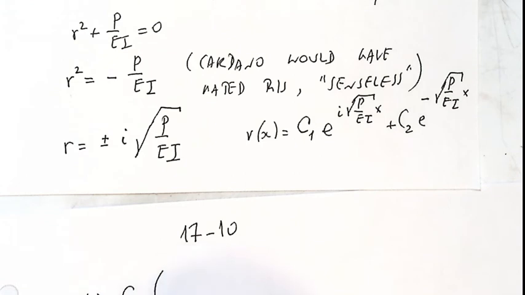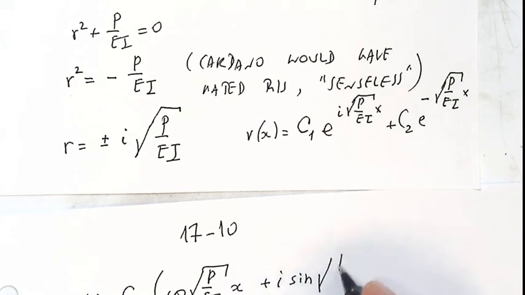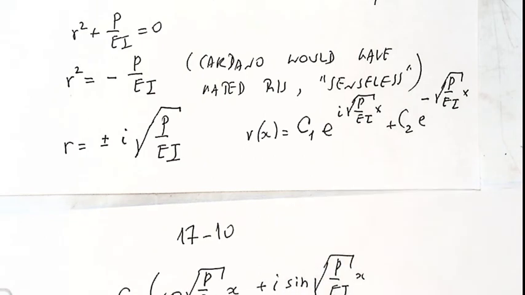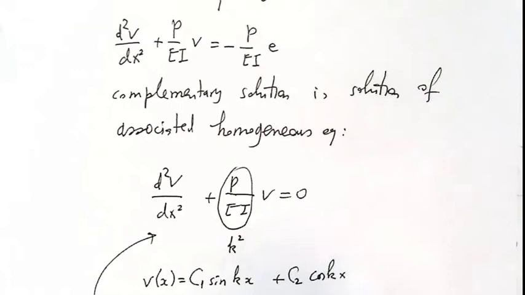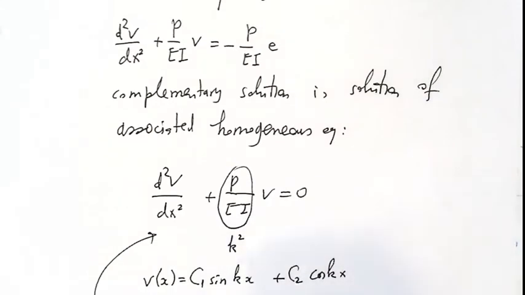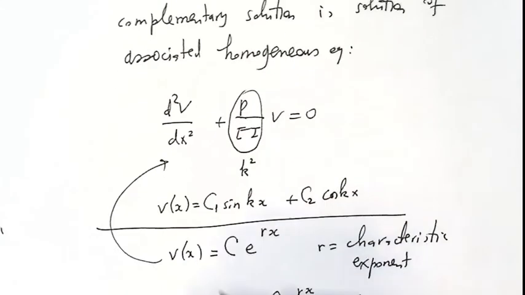Now we are using Euler's formula: cosine of square root of p over EI x plus i sine of square root of p over EI x. You know what? I will make one change. When I'm searching, I will not use c, but I will use d.